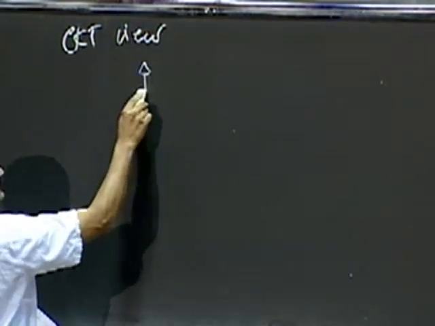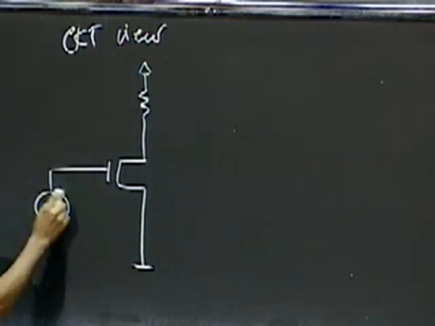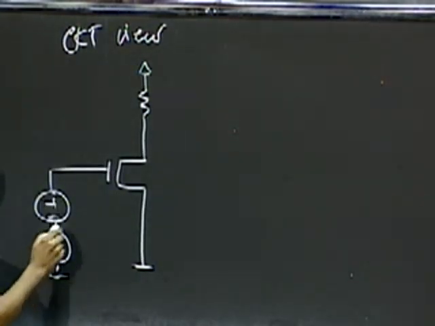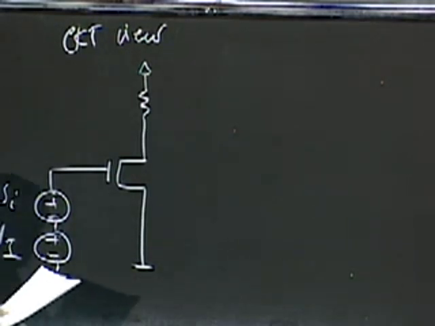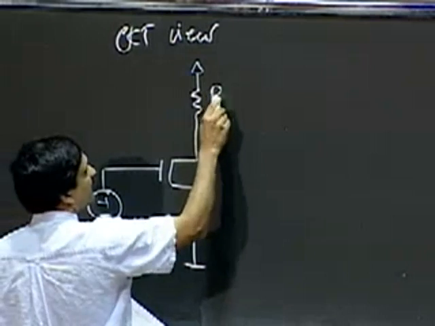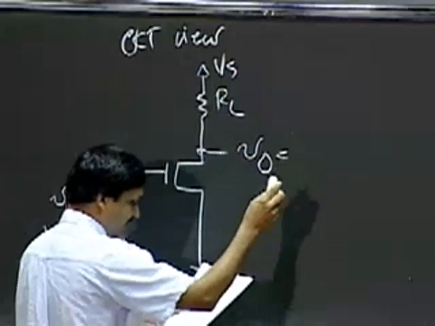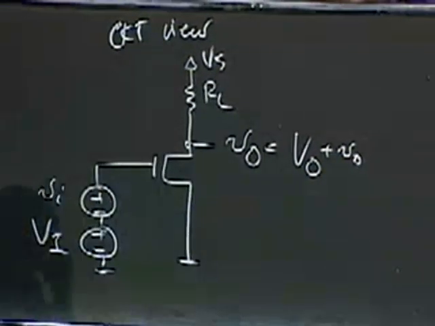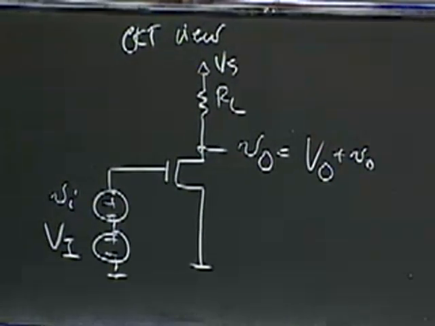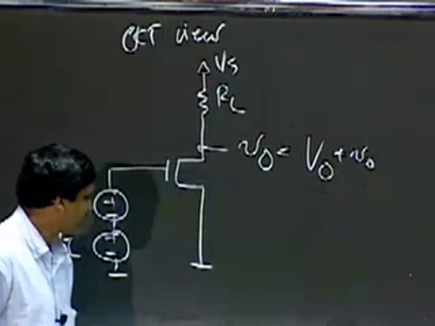The way we provided biasing and so on was, for our amplifier in particular, we had a bias voltage, some small signal value Vs, and an output which was also some output operating point plus a small change, the change in the output voltage.